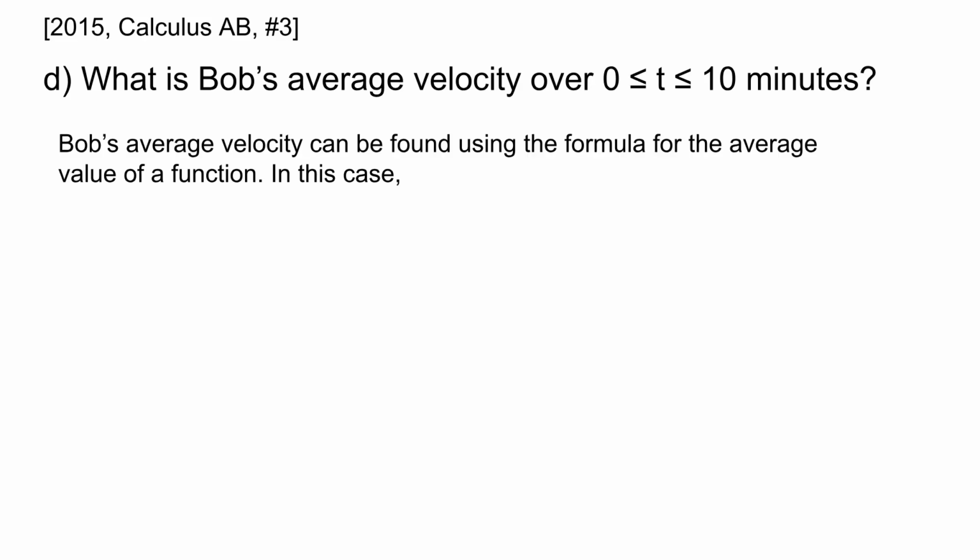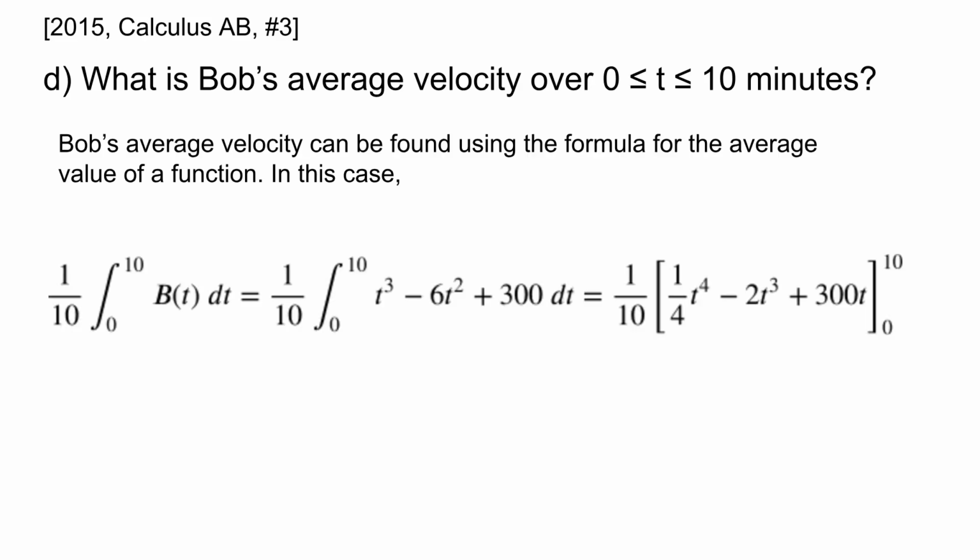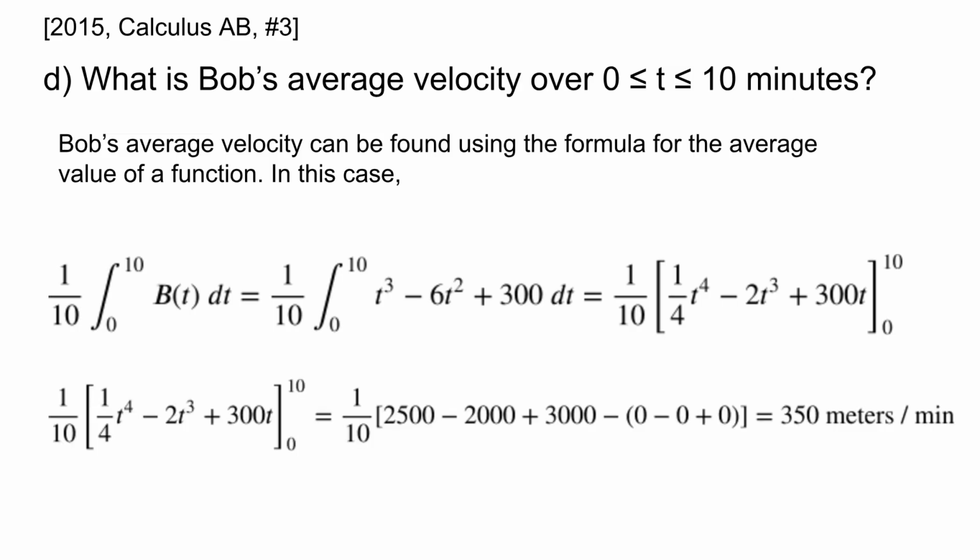In this case, we have 1/10 the definite integral from 0 to 10 of b of t dt, which is 1/10 the integral from 0 to 10 of t cubed minus 6t squared plus 300 dt, which is 1/10 of 1/4 t to the 4th minus t cubed plus 300t, evaluated between 10 and 0. And when we evaluate that, we get 1/10 of 2,500 minus 2,000 plus 3,000 minus 0 plus 0, which is 350 meters per minute.